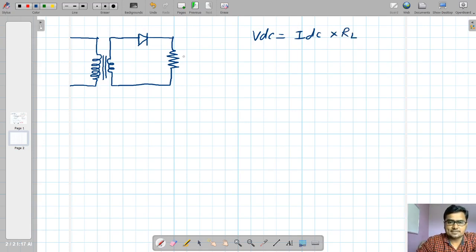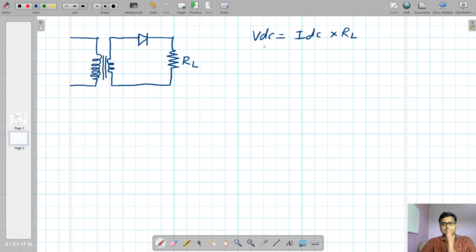Look at the circuit diagram. Here I am writing the load resistor as RL. Whatever current flows through the load resistor will develop the voltage, that is VDC. But I want the equation of VDC in terms of voltage.